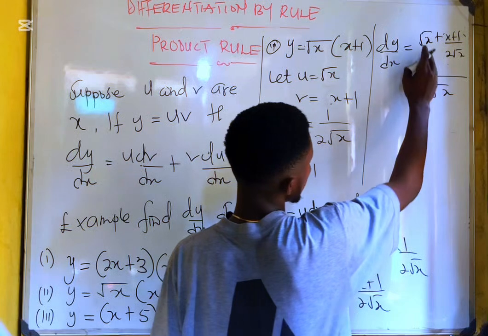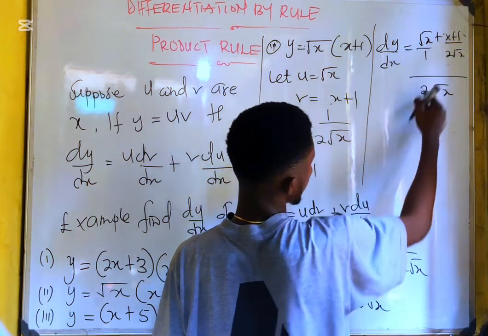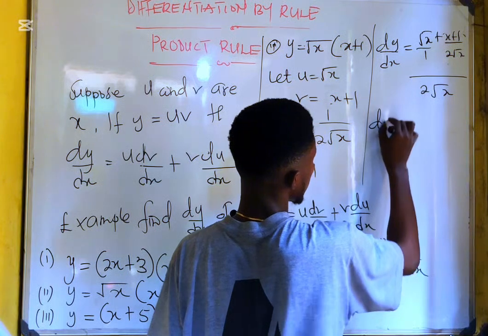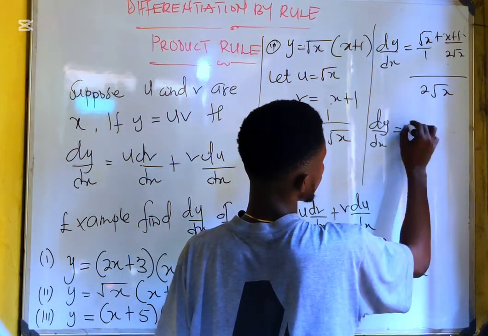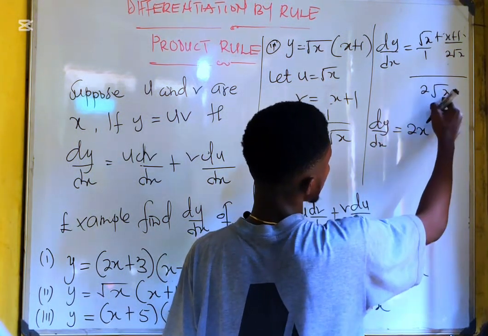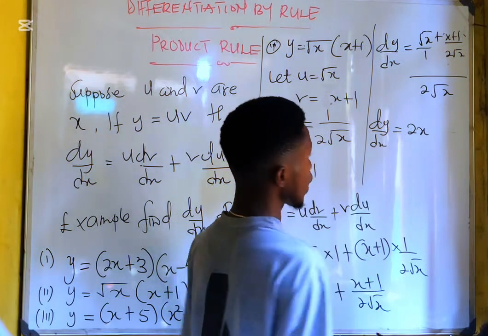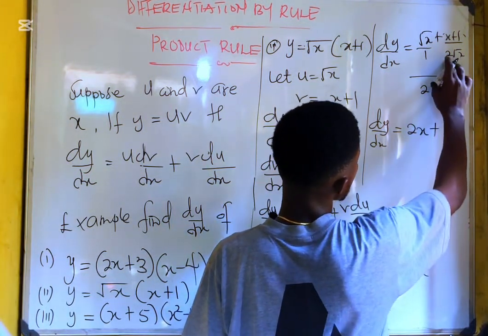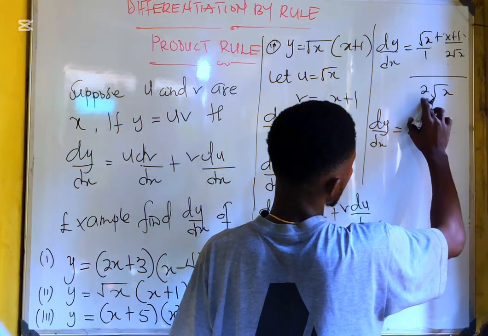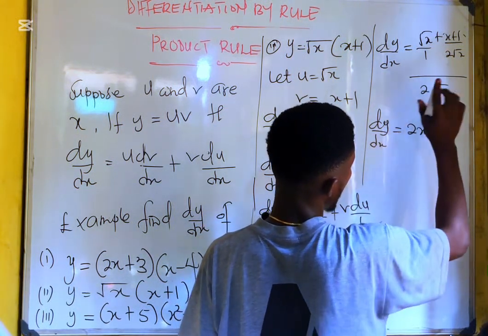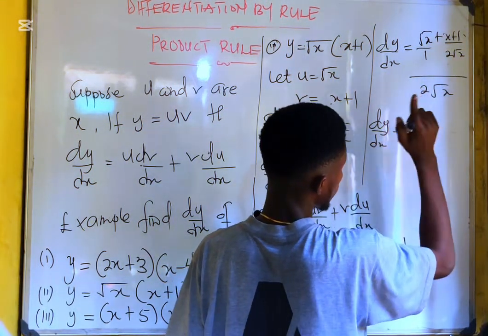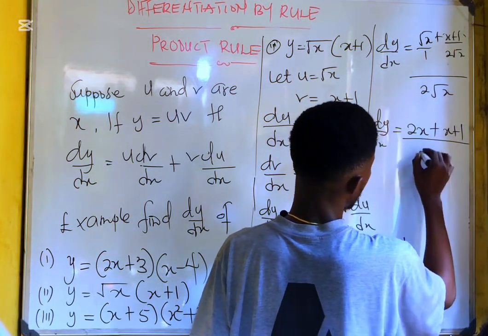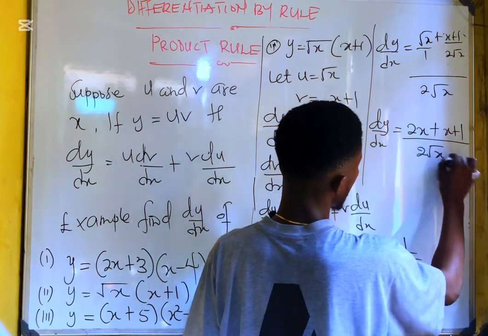Now this is over 1. So 2 root x goes into 2 root x, and 2 root x times this will give us 2x, because the root x will cancel. Then 2 root x goes into 2 root x once, and 1 times this will give us x plus 1. All this is divided by 2 root x.